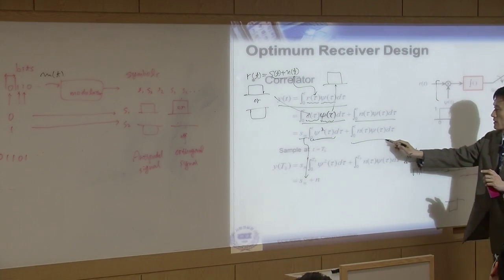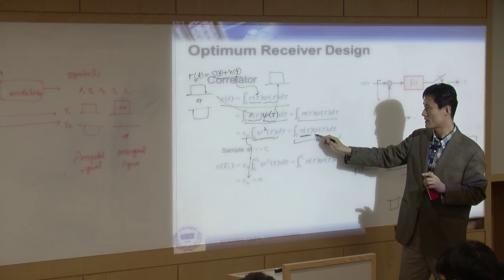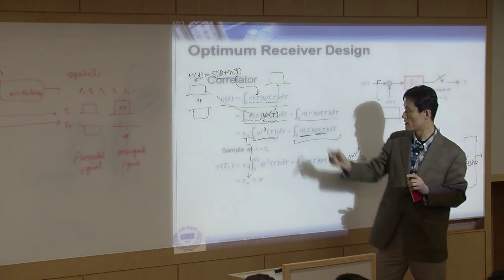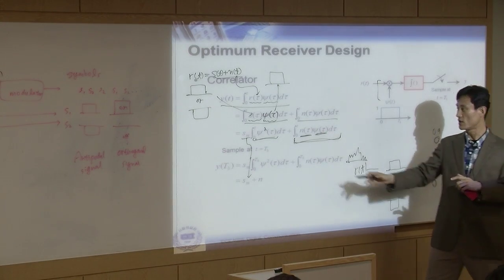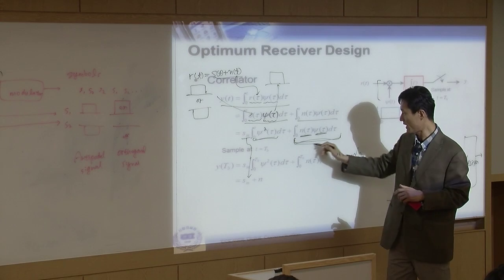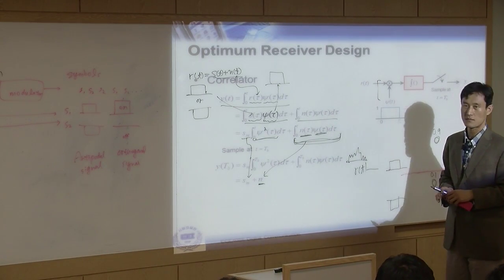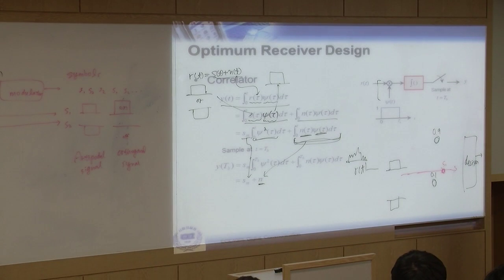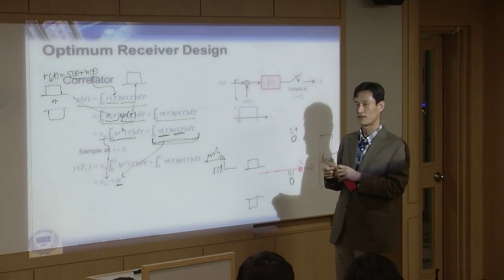And this part is the noise. This one basically tells you the correlation between the noise and this signal, but that goes down to n. n is a random variable, a noise random variable. So it's going to be Sm plus n.